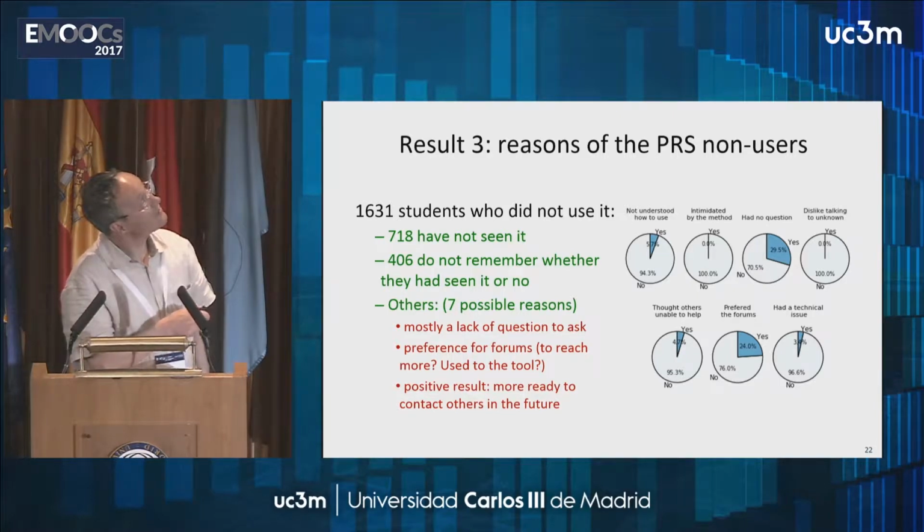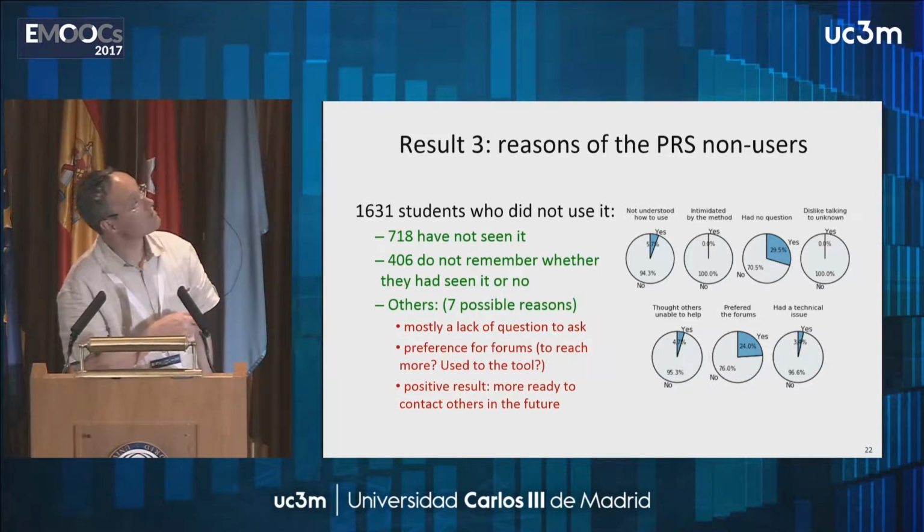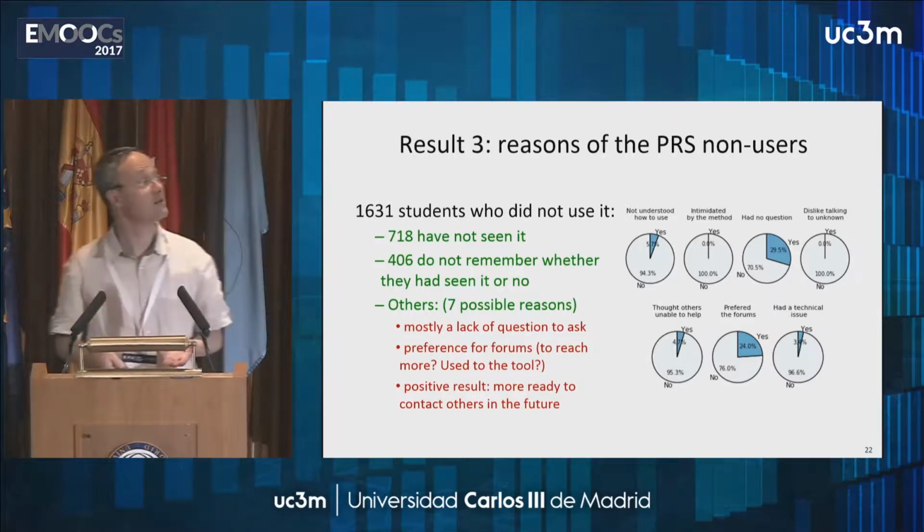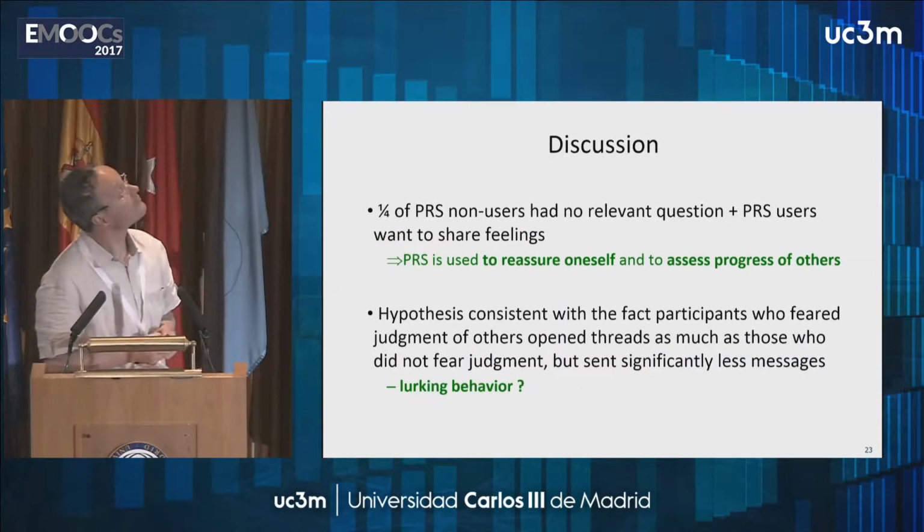Some of them didn't even remember if they had seen it, and others said, among 7 possible reasons, the most frequent were preference for the discussion forum and lack of question to ask, so no need for interaction. And the positive result was that many of them said, I am more ready for interacting in the future.